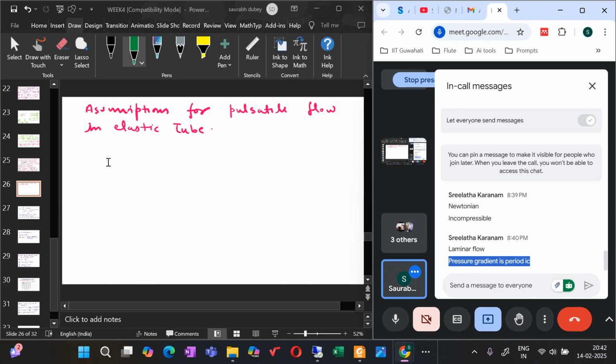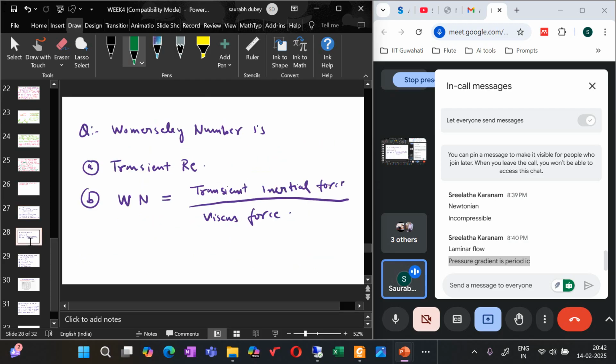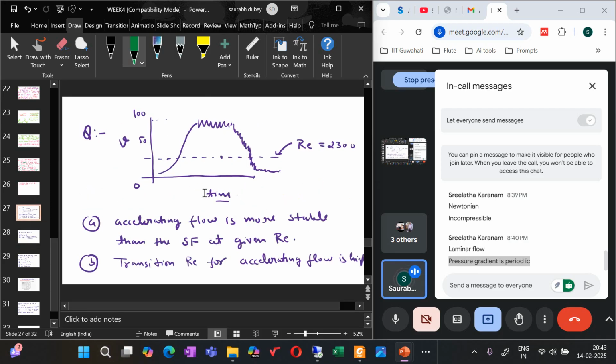Okay, now the question that is there, let's see this one. Look at this particular diagram. It's velocity versus time, with velocity from 0 to 100 and time on the other axis, and there is some curve. Based on that, there are two options given.